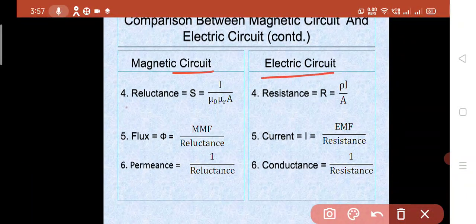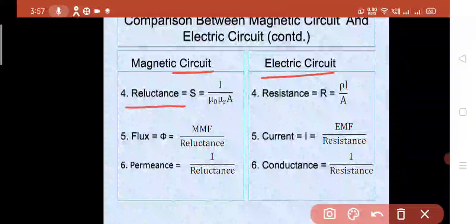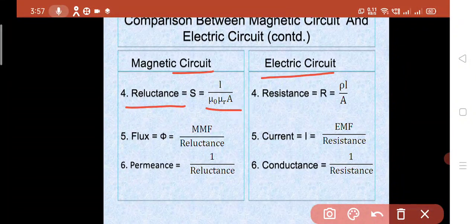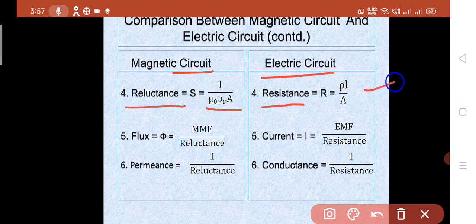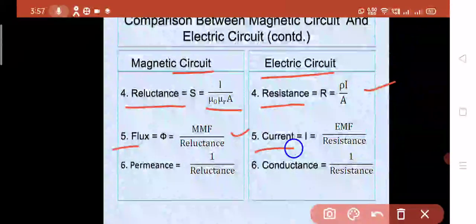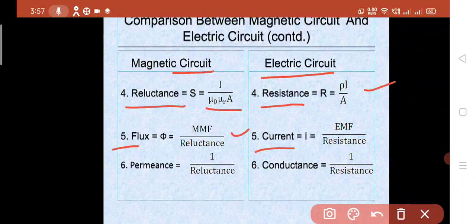So fourth point, magnetic circuit: reluctance S is equal to L by mu naught mu R A. Electric circuit: resistance R is equal to rho L by A. Fifth point, magnetic circuit: flux phi is equal to MMF by reluctance. Electric circuit: current I is equal to EMF by resistance.